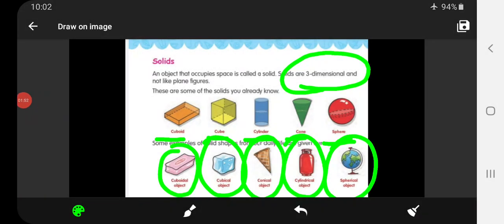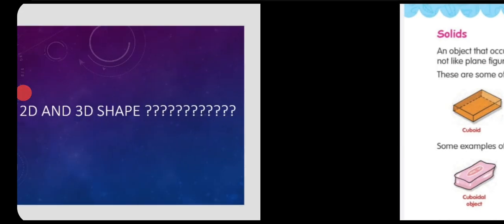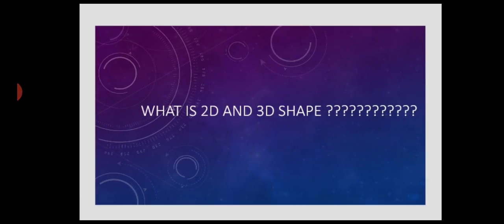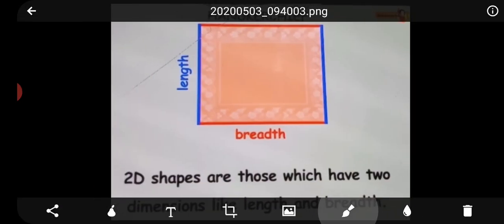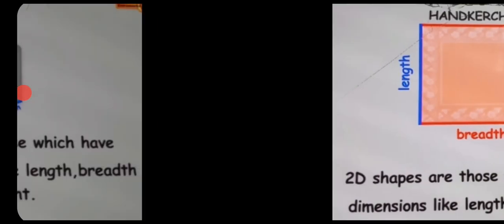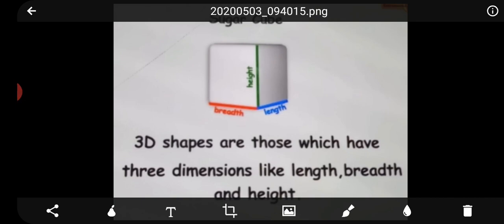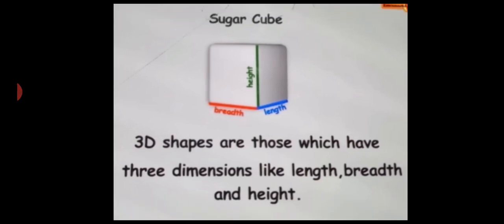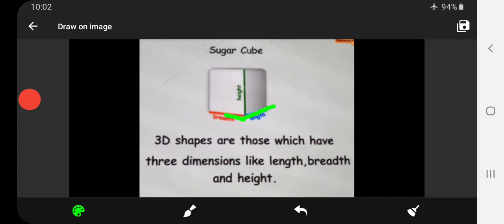So these are some of the solids. Here you might be thinking, I have circled this word three-dimensional. Now what is a 2D or 3D shape? Let's learn it. A 2D shape has only length and breadth. It means we have only two dimensions in a 2D shape. Whereas in the case of a 3D shape, we have length, breadth and height.